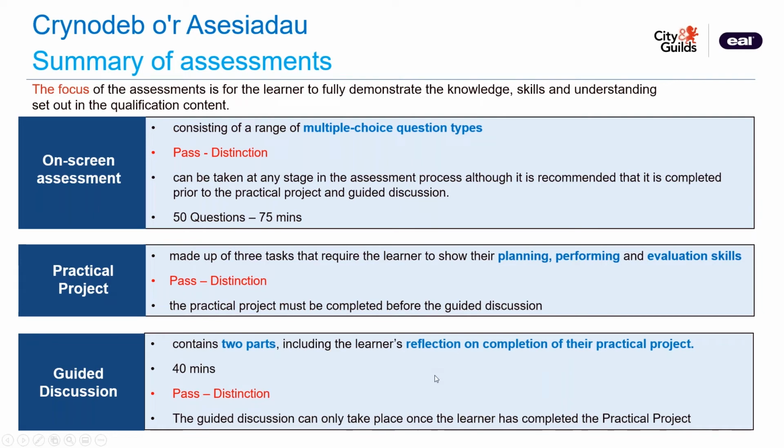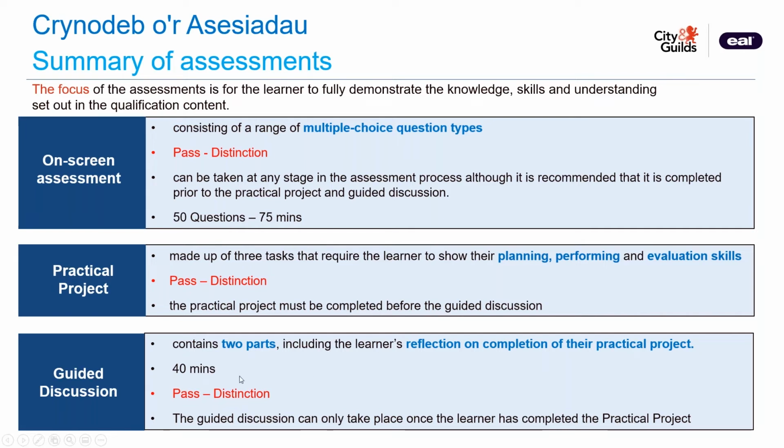The guided discussion then contains two parts, including the learner's reflection on completion of their practical project. So obviously they've got to reflect there on what they've done in the practical projects, things they've done well, things that could have been done better, or surprising outcomes from the practical projects, some feedback that they need to note.